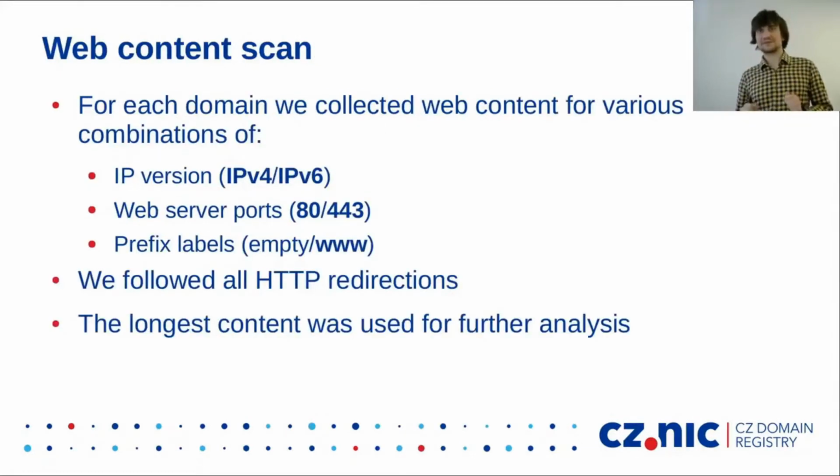This dataset contained web content, which we collected for every .cz domain, for various combinations of IP version, web server port, prefix, etc. We also followed all the HTTP redirections. So there was a set of contents for one domain name, and to have just one content for analysis, we selected the longest one.